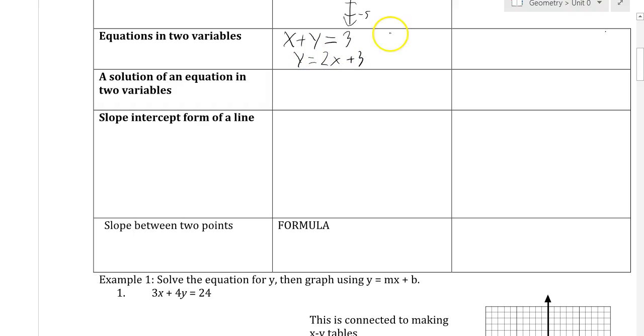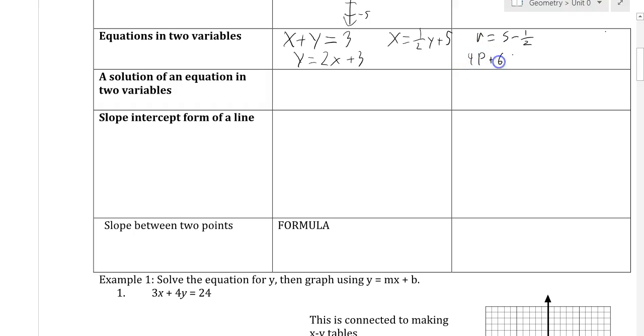You can have x equaling y and the number. Equations in 2 variables just have 2 variables. Typically, we think of them in x and y, but there's no limit on the letters that you can use. You can use any letters you want. What are some other good ones? P and Q often get used, I guess.